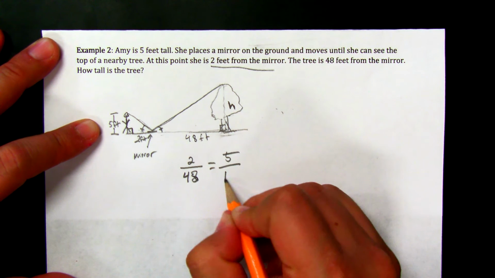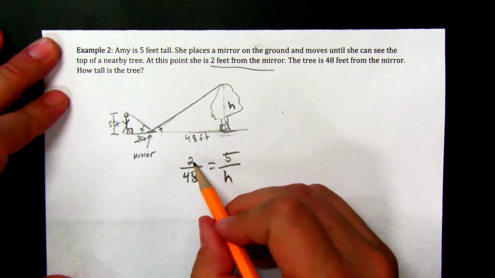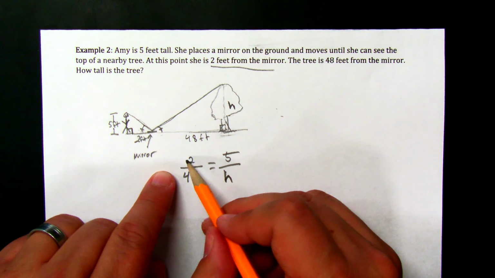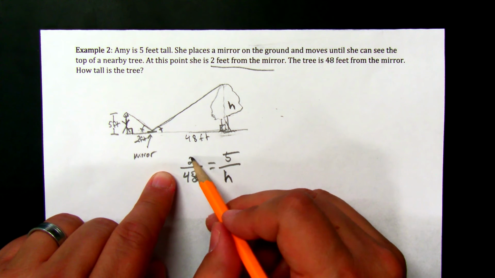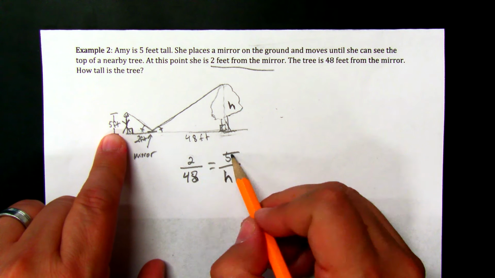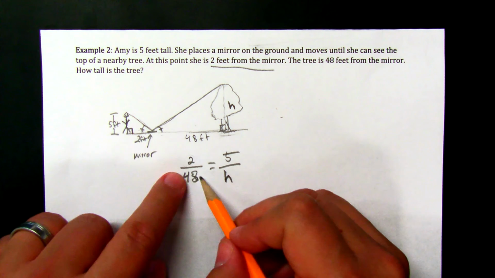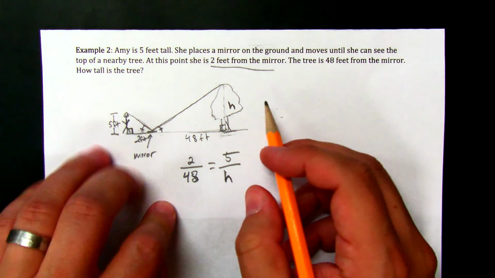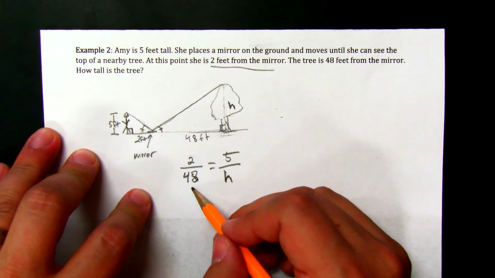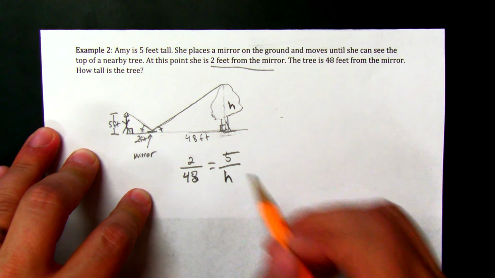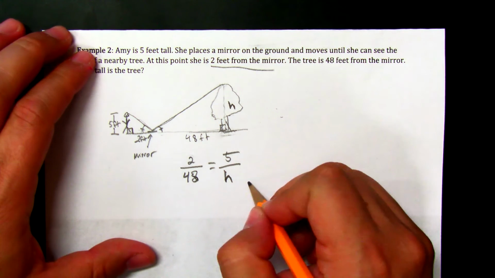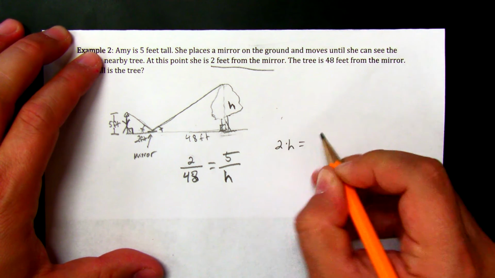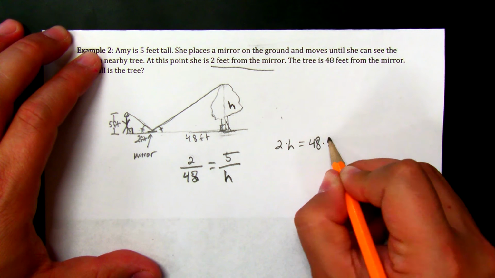5 over h. Now notice I put, in both of these fractions, the height that goes with Amy, the Amy triangle on the top, and the triangle that goes with the tree on the bottom. I could have written it 48 over 2, but then I'd have to write h over 5 on this side. Anyway, I'm going to cross multiply, so I get 2 times h equals 48 times 5.